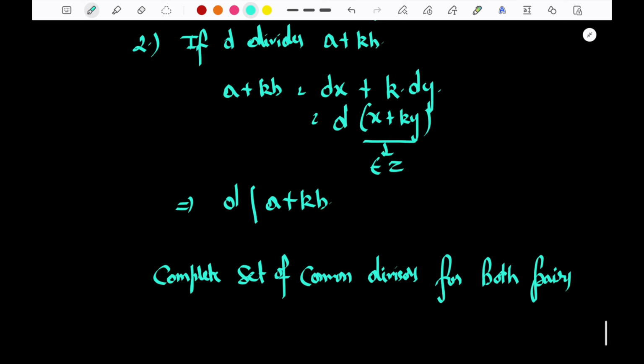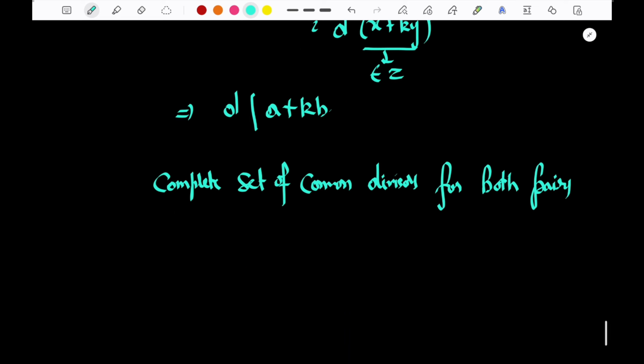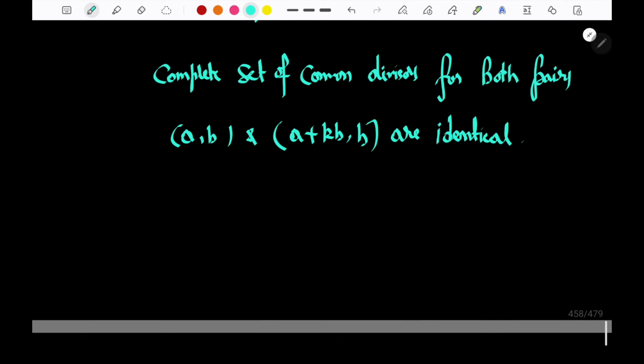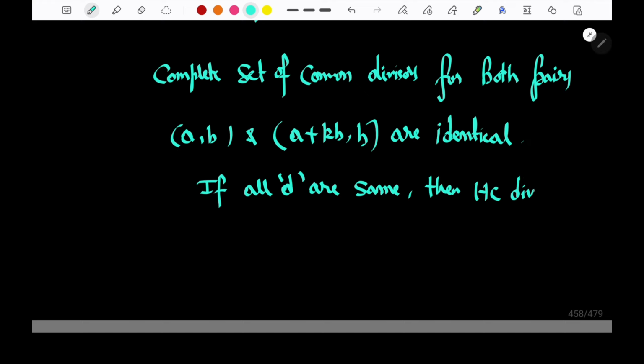So if D divides A plus KB, this is true. D always divides. It means the complete set of common divisors for both pairs A comma B and A plus KB comma B are identical. Every common divisor you choose will divide both. It means if all D are the same, then the HCF, that is the highest common divisor, is also the same.